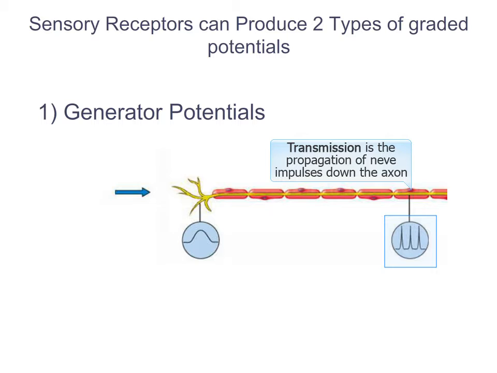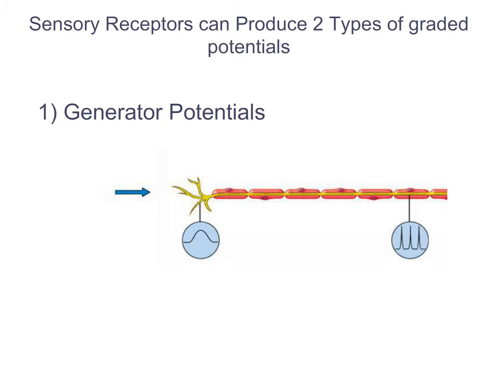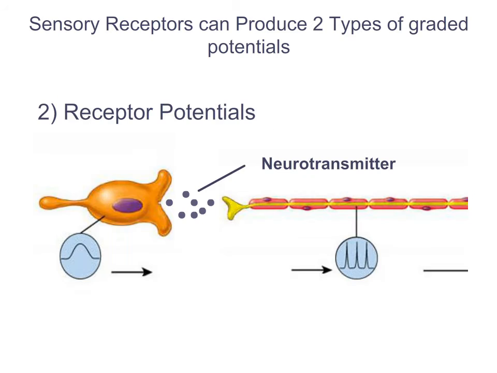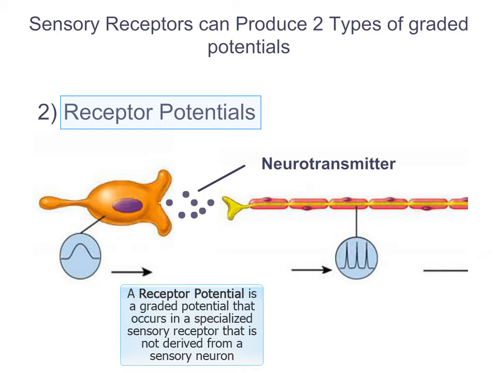In this case, we call the graded potential that forms in this cell a generator potential because it generates action potentials in the afferent sensory neuron. On the other hand, if we have a sensory receptor that's composed of two or more cells, which is a complex receptor, we say that the graded potential occurring in that receptor cell is a receptor potential. And that's because the receptor cell can only form a graded potential.